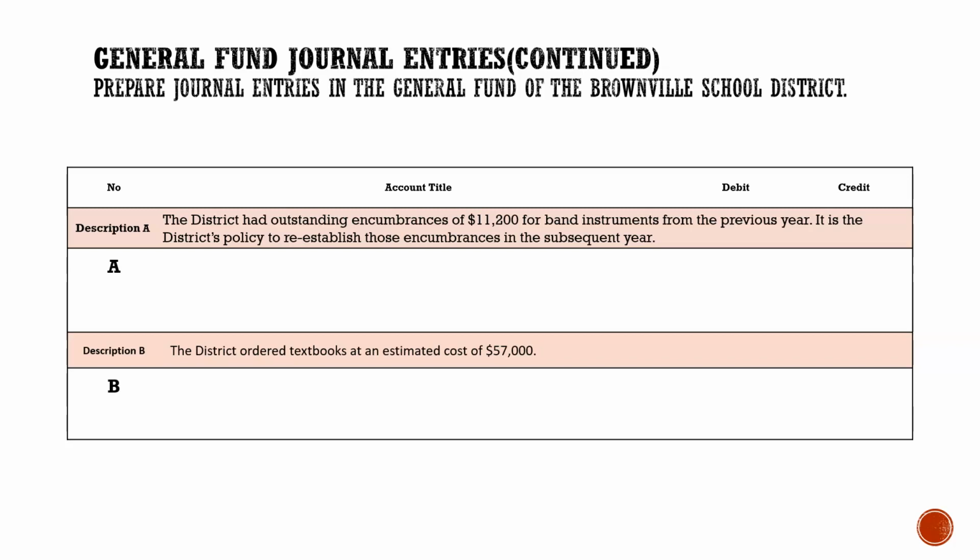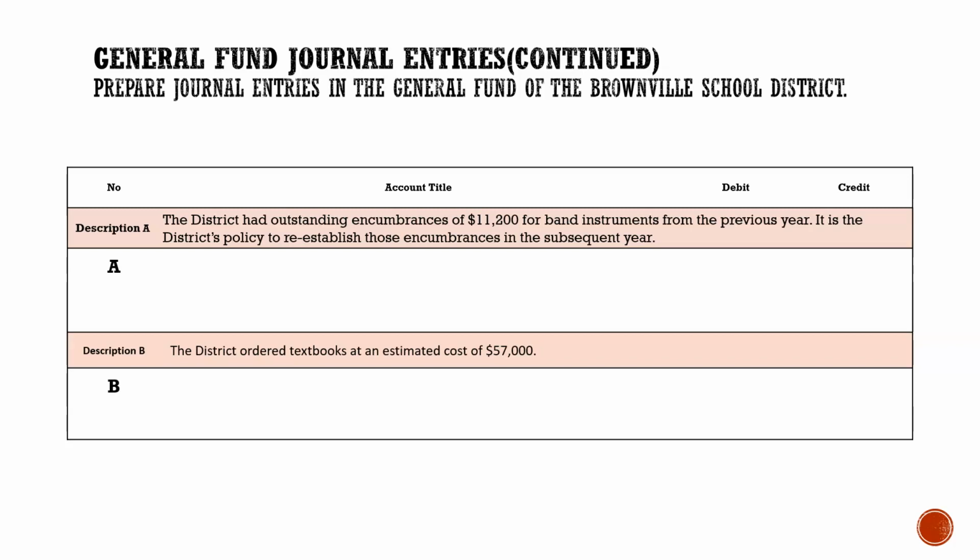So the first journal entry A, it tells us that the district had outstanding encumbrances of $11,200 for band instruments from the previous year. It also tells us that it's the district's policy to reestablish those encumbrances the next year. So essentially what happens is at the end of the year, if they haven't received those goods, so in this case, they didn't get band instruments that they had encumbered $11,200 for, they're going to close that encumbrance account, and then at the beginning of the next year, they're going to reopen it, reestablish it exactly the same as it was.